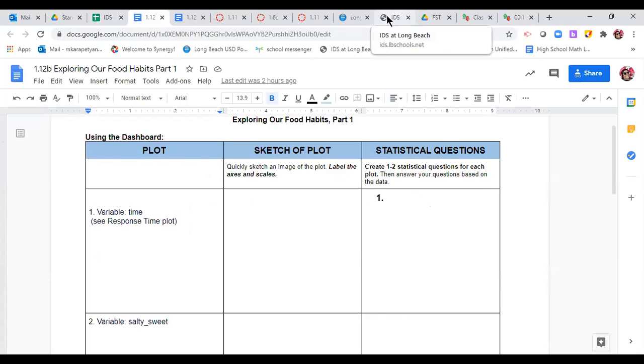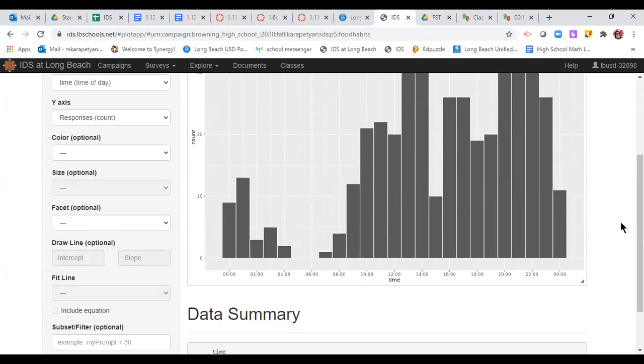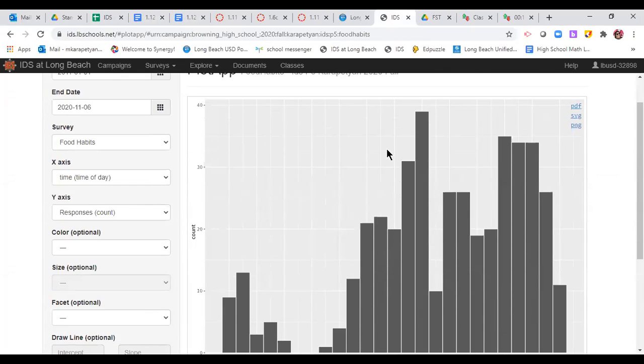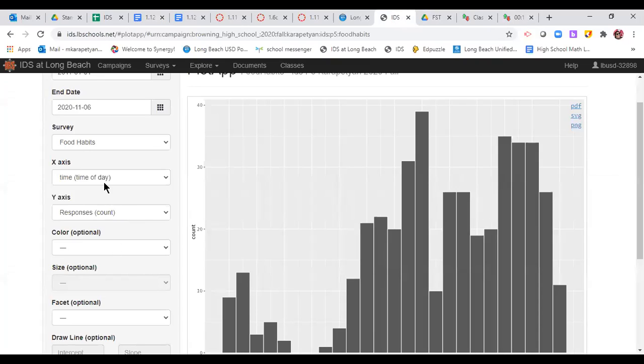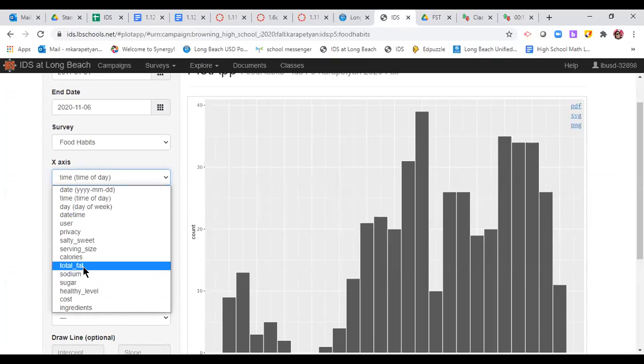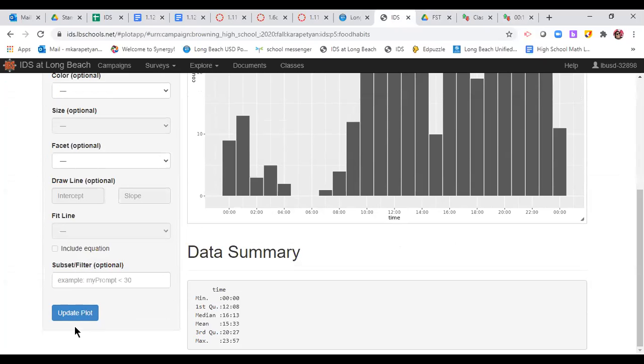So whatever your statistical question might be about your class and what you want to know about the time, you're then going to answer it using this. Then you're going to come back and change your x-axis to the next variable. So salty sweet. Change your x-axis to salty sweet, scroll down, hit update plot, and now it'll give you your salty sweet plot.